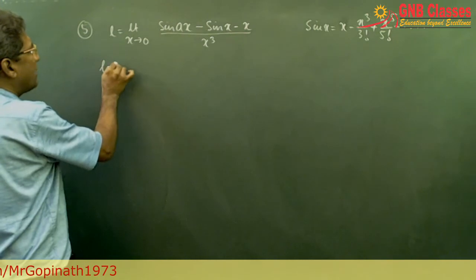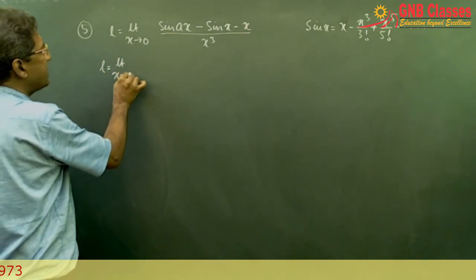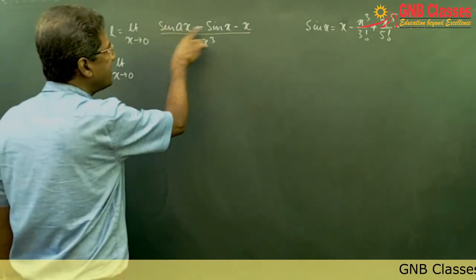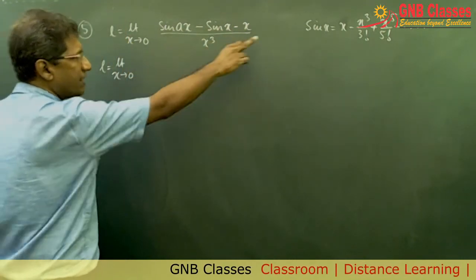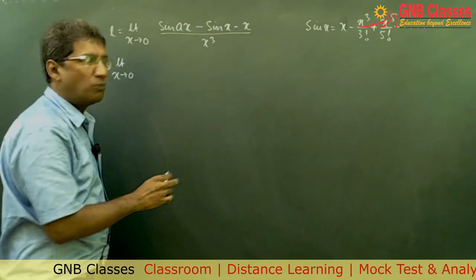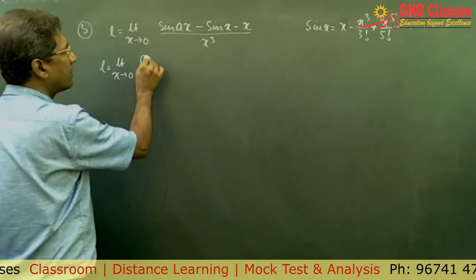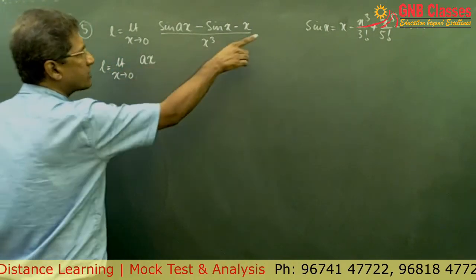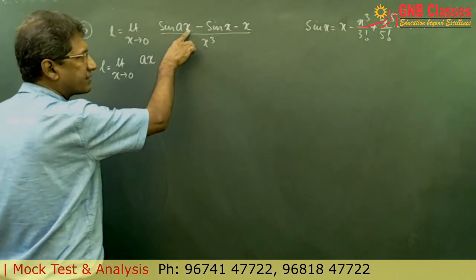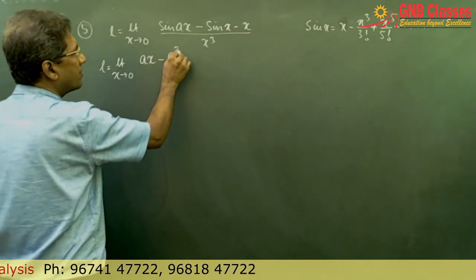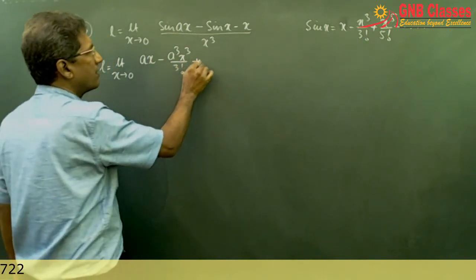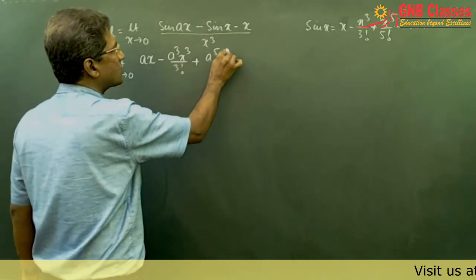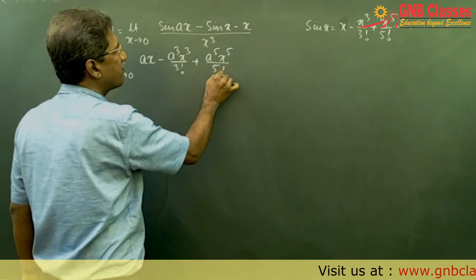So, L can be written as, if I expand this sine ax and sine x, what are we going to get here? Sine ax, if I use the expansion formula, we get ax, because here x is nothing but ax, minus a cube x cube by factorial 3, plus a to the power 5 x to the power 5 by factorial 5.